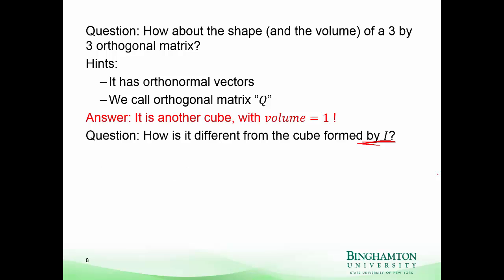Well, one thing is that you know that it's got to be a cube, but it's going to be rotated and mirrored. It could be mirrored. Remember, we talked about rotation matrices are Q matrices. Reflection matrices are Q matrices. And the other thing that we talked about was that Q matrices take a space of vectors and basically rotate and flip them, but keep distances and angles the same.